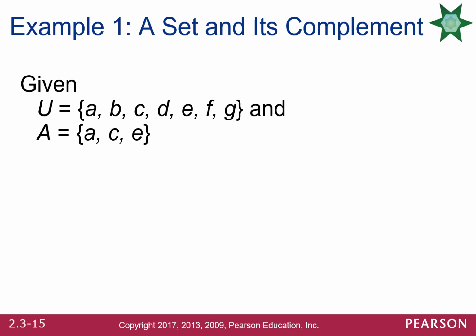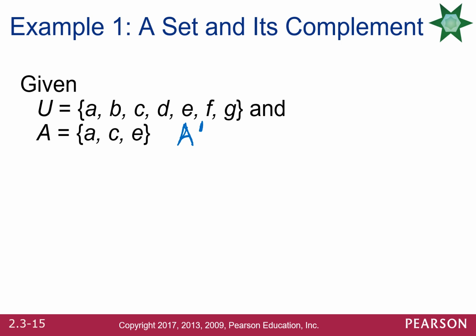Let's try to do that before we pull up the solutions, and I can explain the process. So U represents the elements A, B, C, D, E, F, G, and the subset A only has the elements A, C, E. What would A dash, which represents the complement, be?